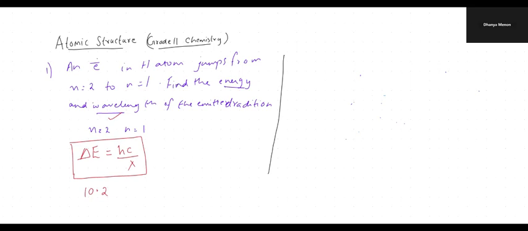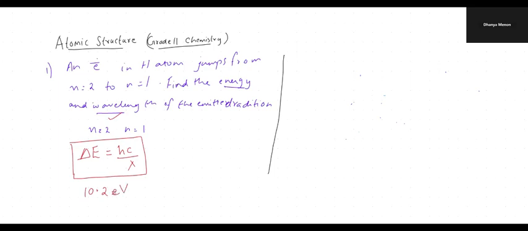Okay, so this is the expression for the energy of the wavelength, where lambda is the wavelength, c is the velocity of light, h is the Planck's constant. Now, this 10.2 that we got was in eV, electron volts, right?